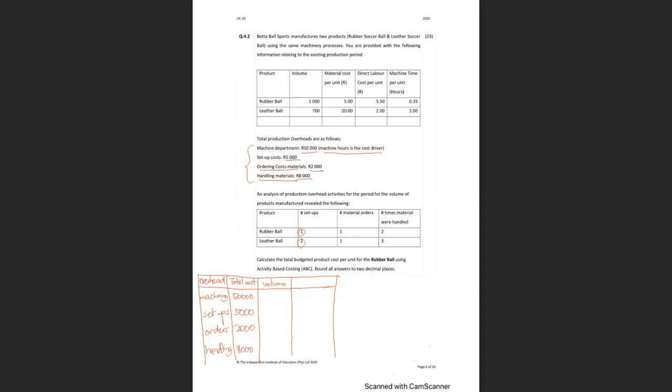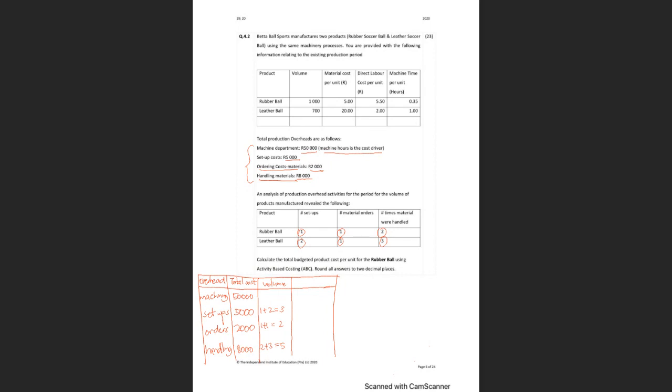So you're going to show that it is 1 plus 2, and please make sure that you do show the working out of this. It's 1 plus 2, which is equal to a total volume of 3. Then for your orders, it's 1 plus 1, so that gives you a total of 2 orders across both products, and then it's 2 plus 3 for the last one, which gives you a total of 5.